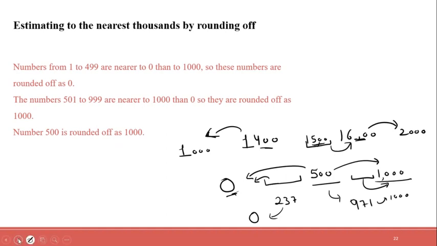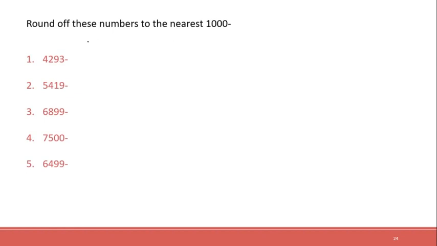I want you guys to practice 5 questions on this concept, and it will not be problematic for you. So here it is 4293. 4293 is somewhere between 4000 and 5000, right?